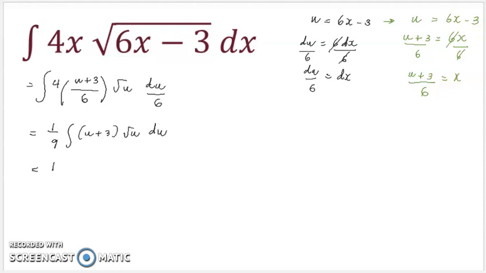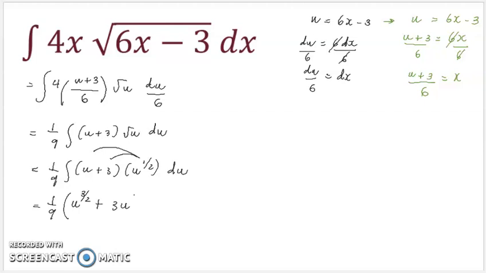And just like before, let us rewrite this as u plus 3 times u raised to 1/2 du. So we have 1/9, distributing the u raised to 1/2 to u plus 3. So that's u raised to 3/2 plus 3u raised to 1/2 du.